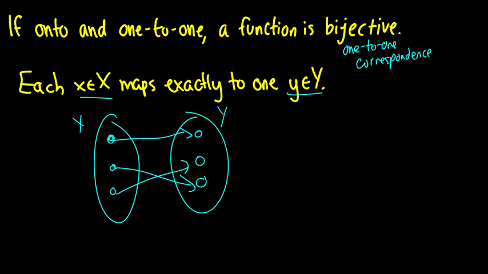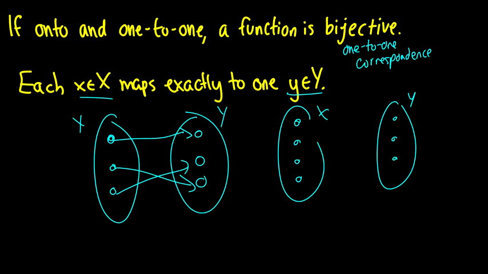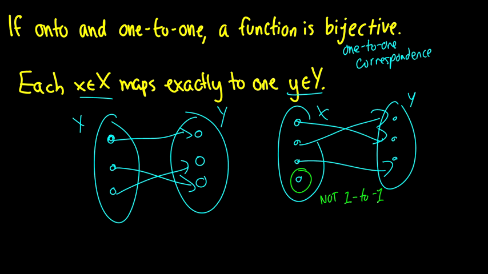What this means is that, say we have 4 elements in x and only 3 elements in y, then we can't have a bijective relationship because we have an x that isn't being mapped to anything. And that breaks the 1-to-1 condition. So this is not 1-to-1, which I didn't write. I'm just going to write 1-to-1 with numbers, even though you shouldn't do that.